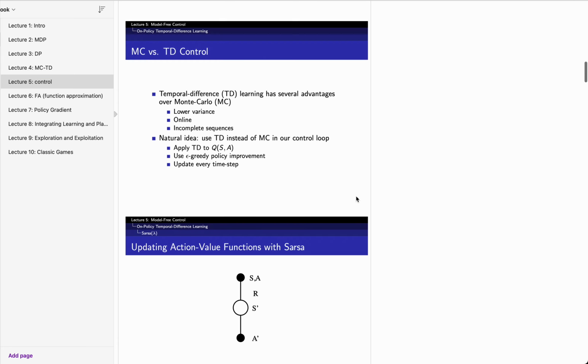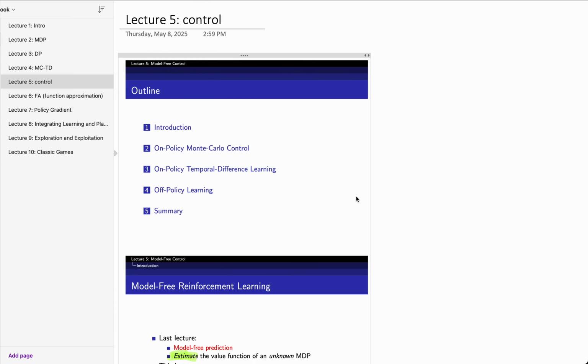And then built on top of these concepts, he introduced on-policy learning and off-policy learning, which I'm going to explain in detail in this video.